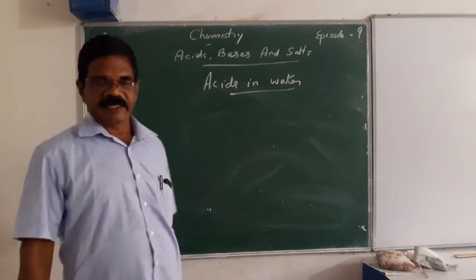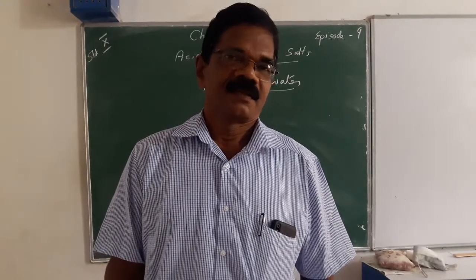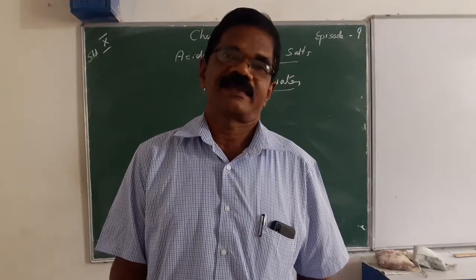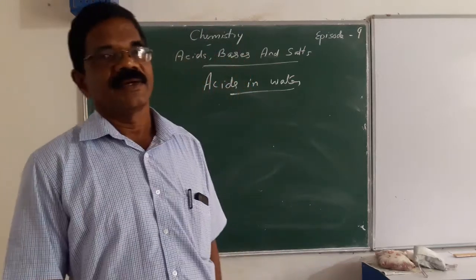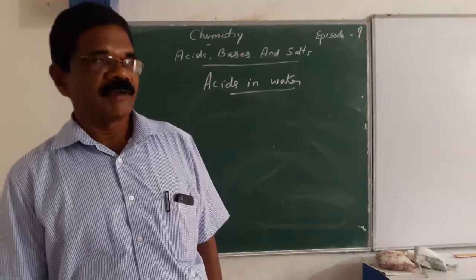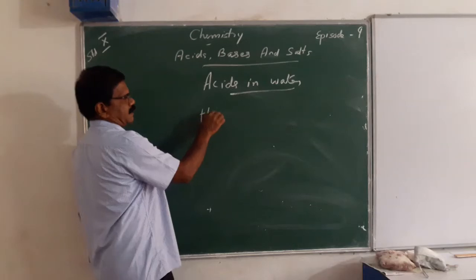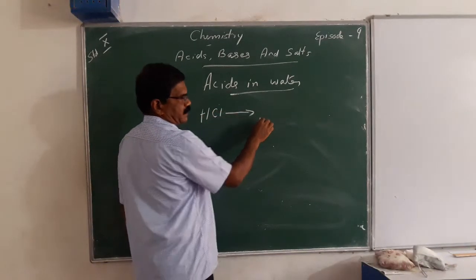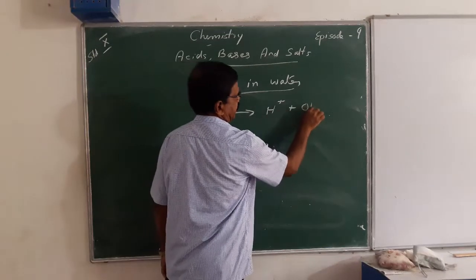We already studied how to dilute acids. To dilute acids, we add acid drop by drop to water and stir well. On dissolving acid in water, it produces hydrogen ions. HCl, hydrochloric acid, when dissolved in water, produces hydrogen ions as well as chloride ions.